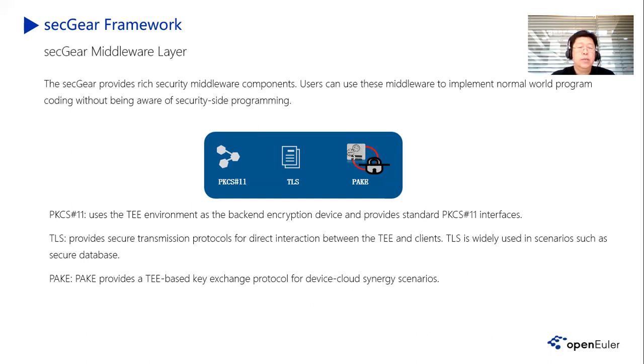And PKE is the key exchange protocol that enables the user to negotiate an encryption key between the client and the enclave. Then the data can be transmitted into the enclave with the encrypted protocol, so that it's secure.